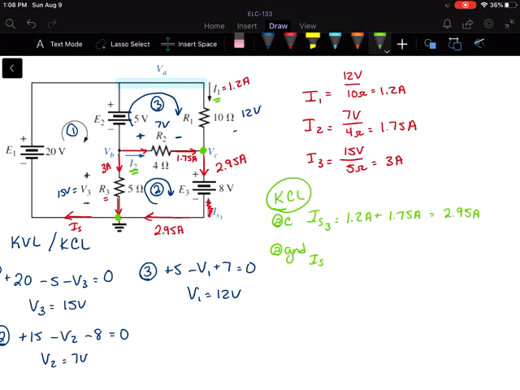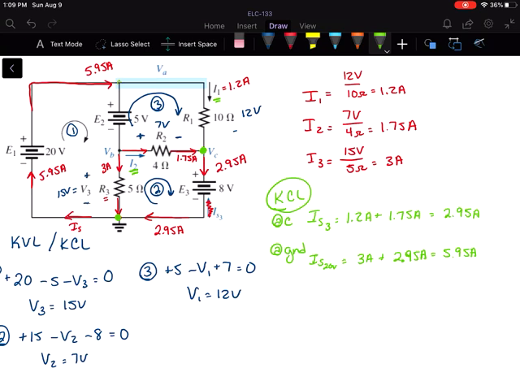I'm going to put the 20-volt down there just so we're clear on what that is. That's going to be my 3 amps coming in plus the 2.95 amps coming in as well, for a total of 5.95 amps actually going up through the 20-volt source. And that's going to continue up through the source.